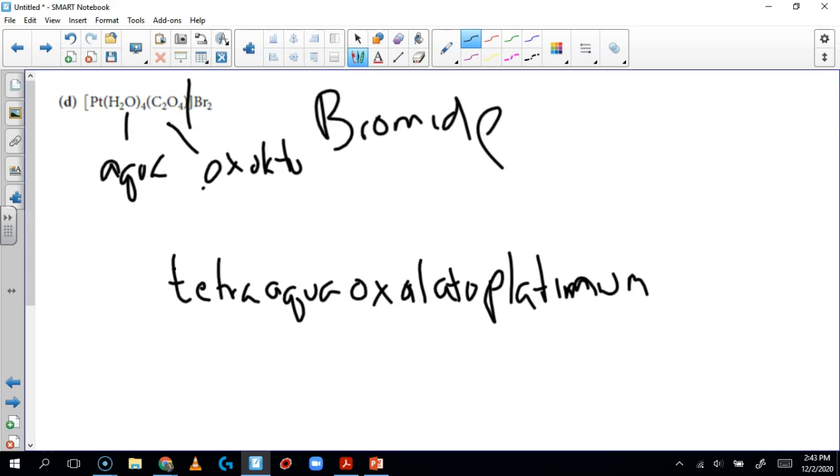Water is 0, oxalato is 2 minus, and there's only one of them. Bromide is 2 minus. So that means this overall charge has to be 2 plus in order to cancel out the 2 minus. So that means that the platinum has to be a 4 plus.